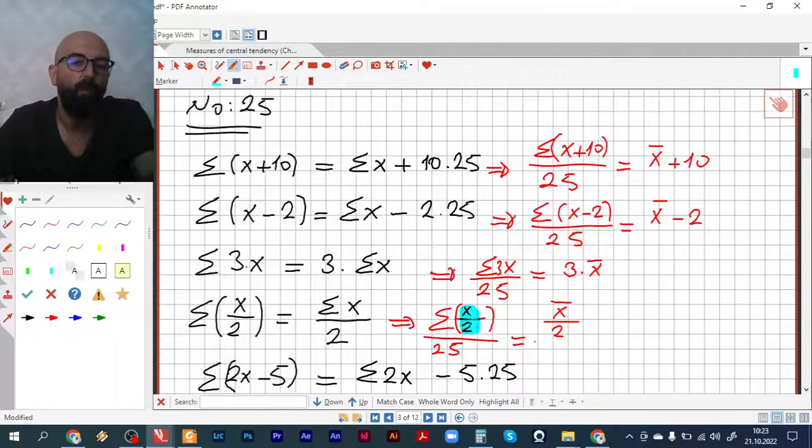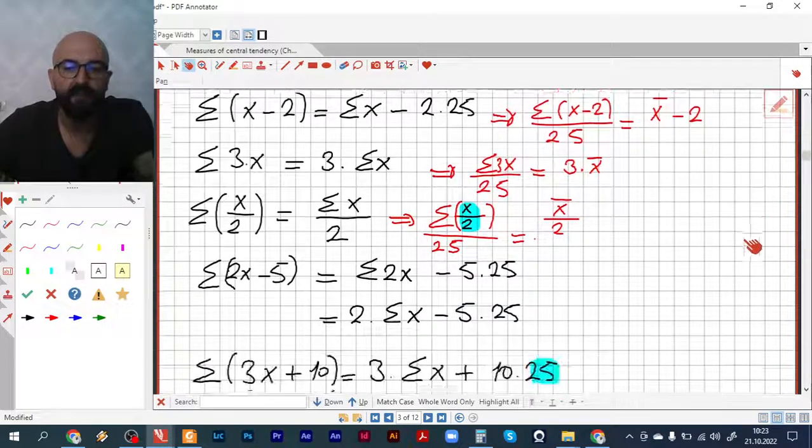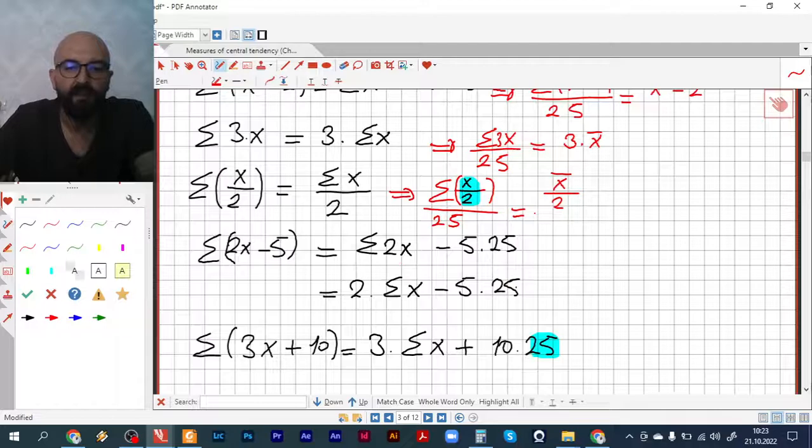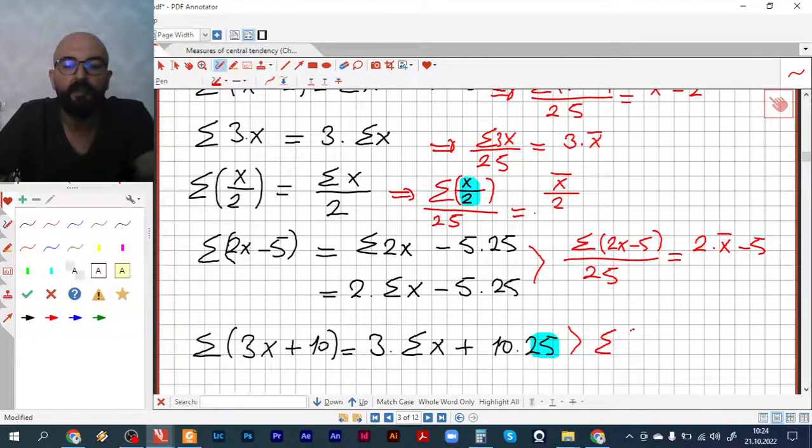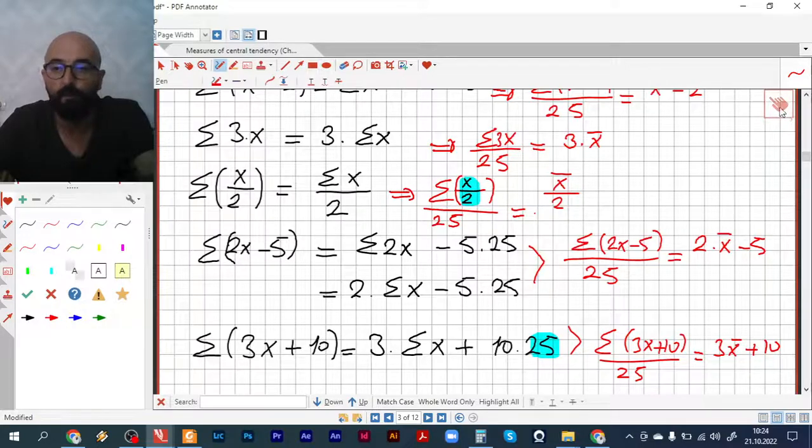And if you used 2x minus 5 over frequency, you find 2 times the mean minus 5, and 3x plus 10 over frequency, you can find 3 multiplied by the mean plus 10.